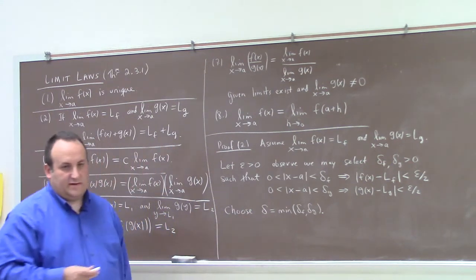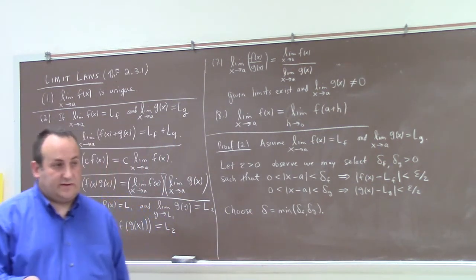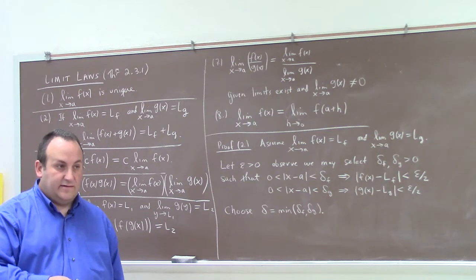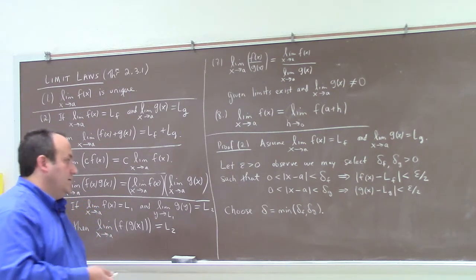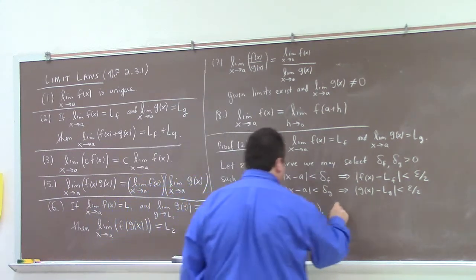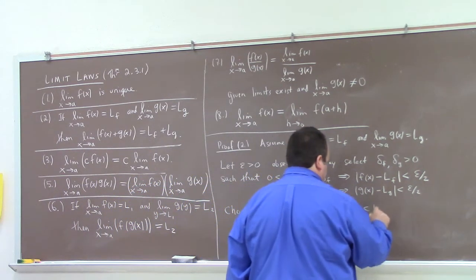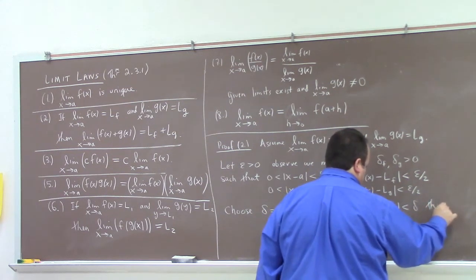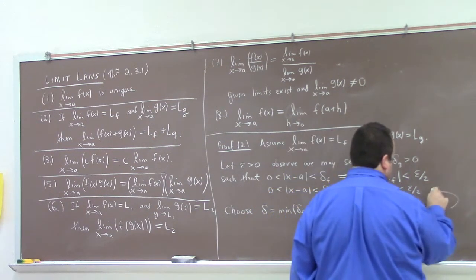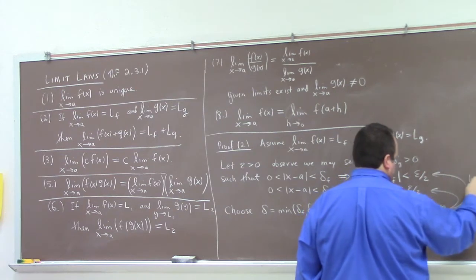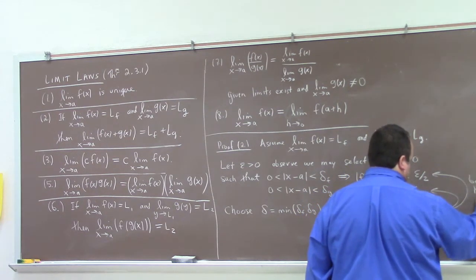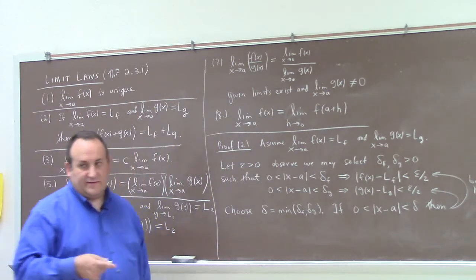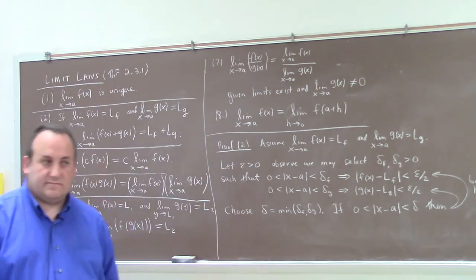That means that if I assume that we're within delta units of a, I get both the delta f condition and the delta g condition. 0 less than absolute value of x minus a less than delta, then this and this both hold, right? Because delta is less than or equal to delta sub f, and delta is less than or equal to delta sub g, right?